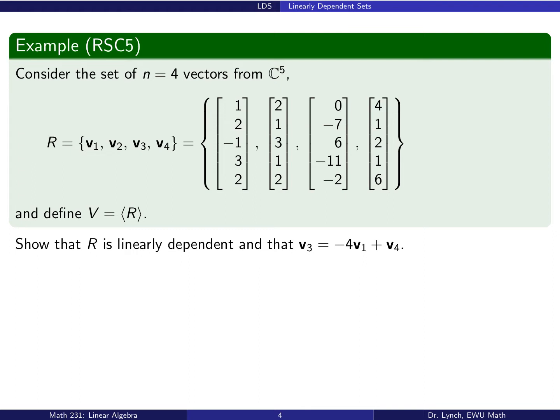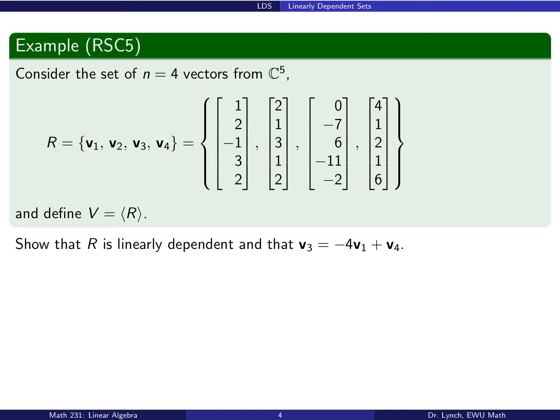What we'll do here is come up with a strategy to describe V as efficiently as possible, with the least number of vectors. The way that we do that is by showing that R is linearly dependent and the vector v3 is a linear combination of the other ones.